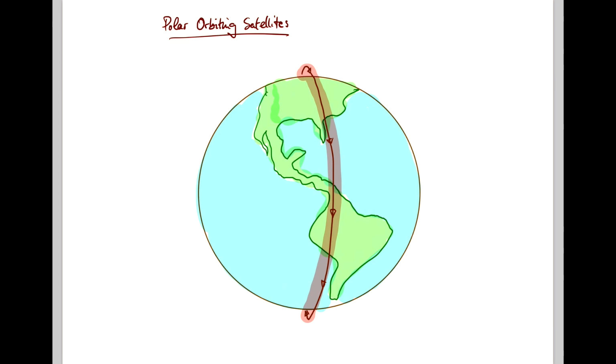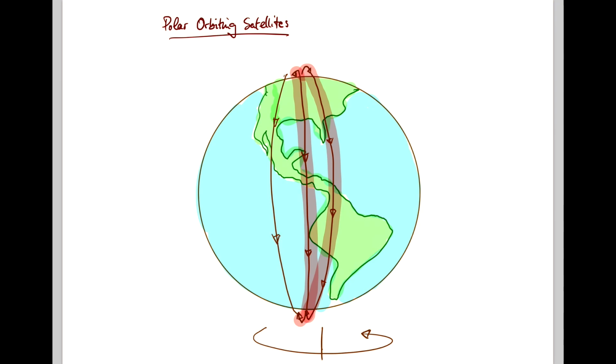Now, the Earth is rotating, and you can imagine that the next time round our satellite comes across, it will cover a different meridional trajectory compared to the first one. Now the Earth has rotated and our satellite is going over a region further west. And this happens again and again.